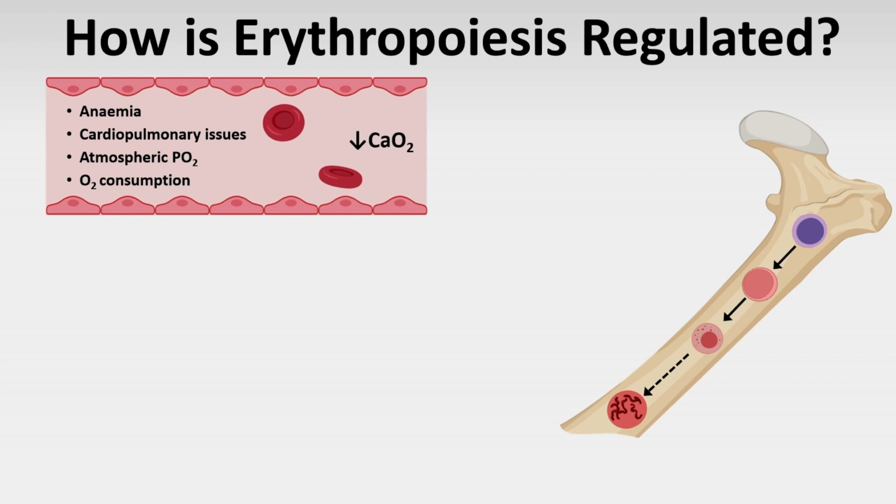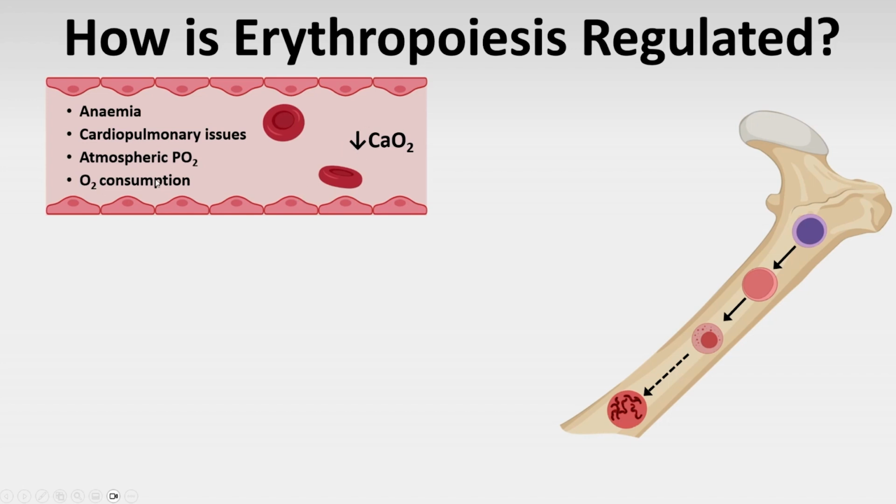And there are many factors that affect arterial oxygen content. For example, a patient with anemia or cardiopulmonary issues will have oxygen delivery and supply affected, and that will impact arterial oxygen content. Or, for example, pilots who are exposed to low atmospheric partial oxygen pressure at high altitude will have affected arterial partial oxygen pressure and content too.